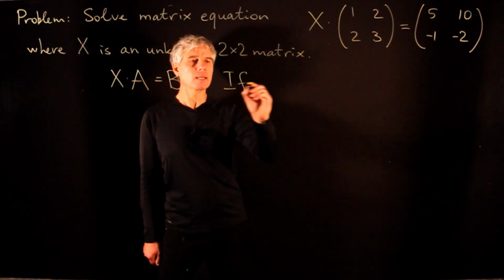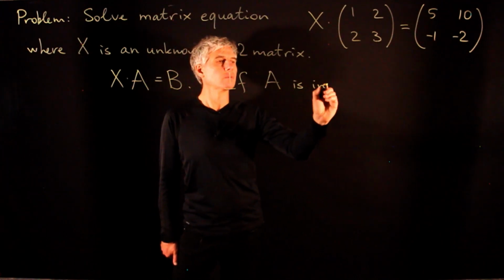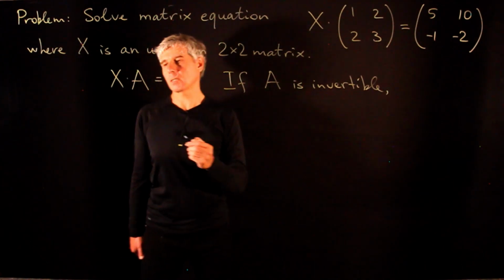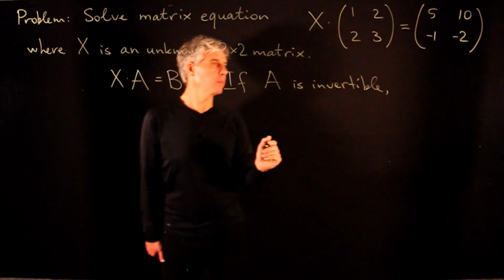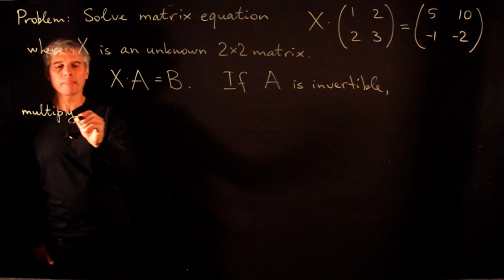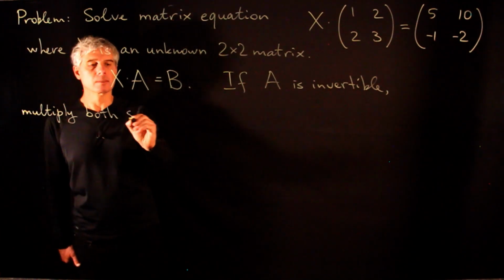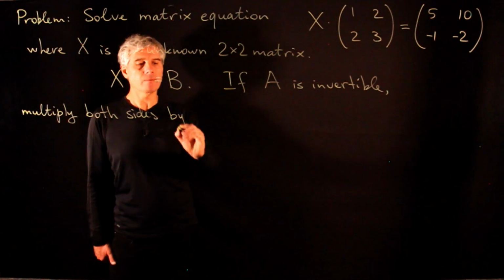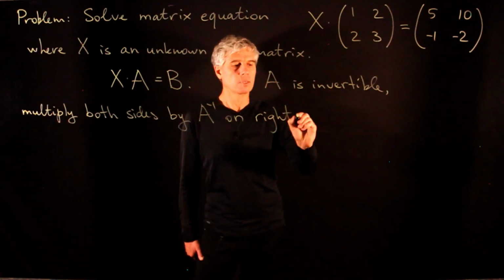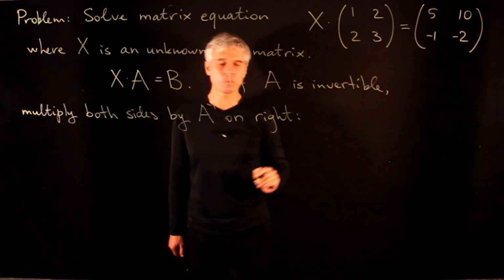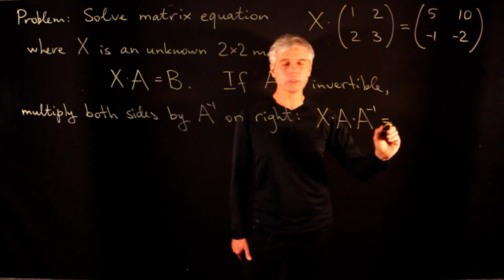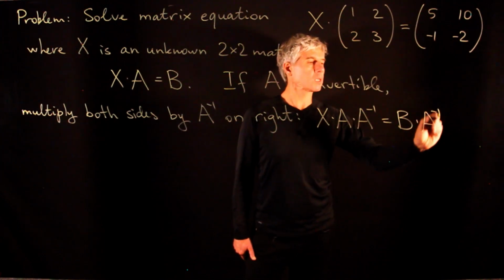So if A is invertible, we can solve this in the following way. We multiply both sides by A inverse on the right. Then this will become X times A inverse is equal to B times A inverse.